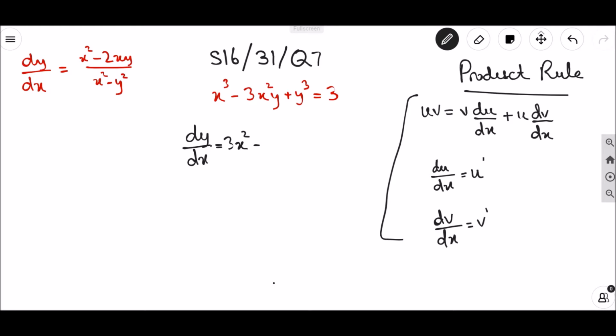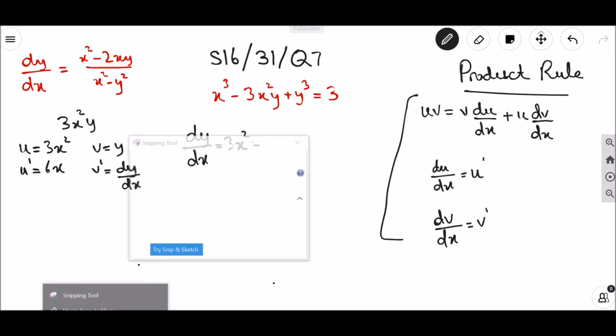Now, here the thing is 3x squared y. So u is 3x squared and v will be y. The derivative of 3x squared is 6x and the derivative of y is dy over dx. This is v dash.